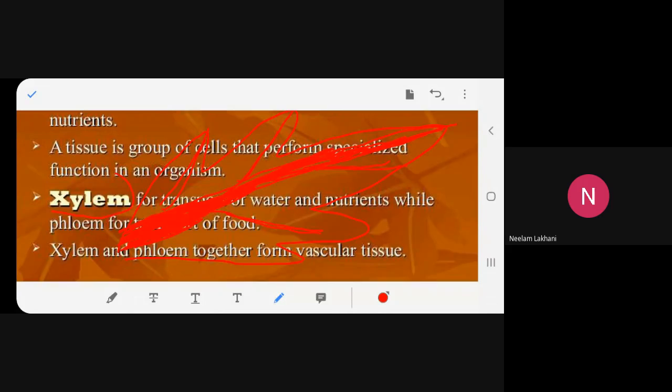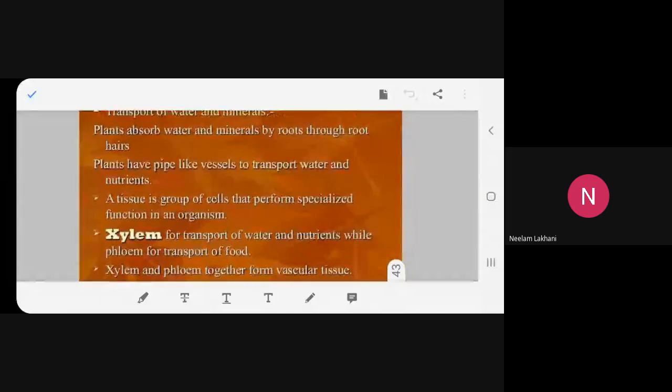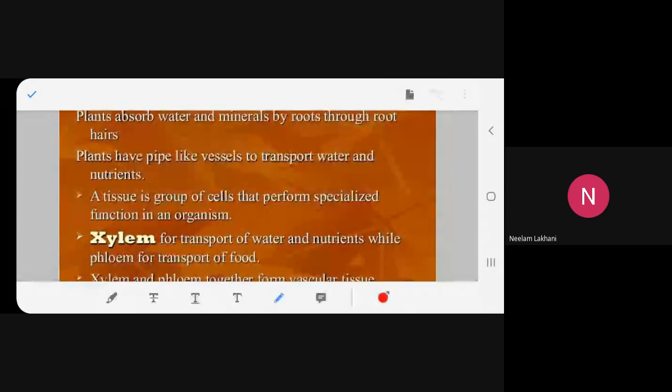are xylem and phloem. They are present over here in the form of vascular bundles that I'm showing you. How does it look? For example, if this is a bundle, on top you will have small cell structures.